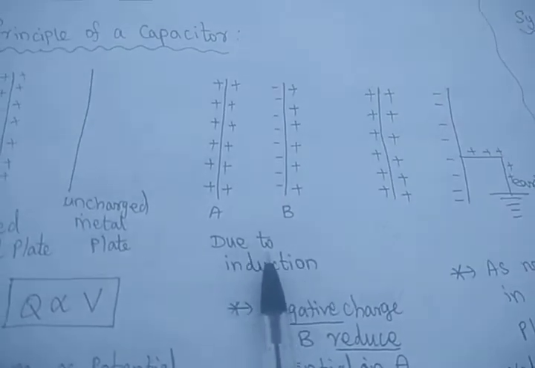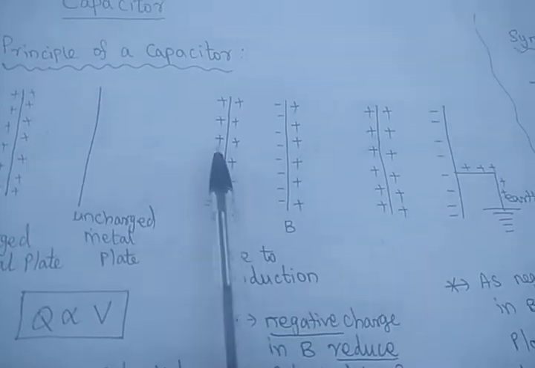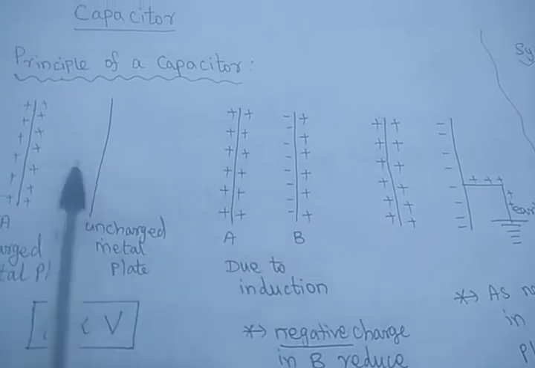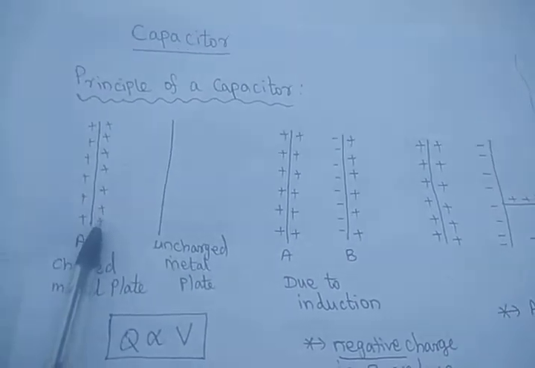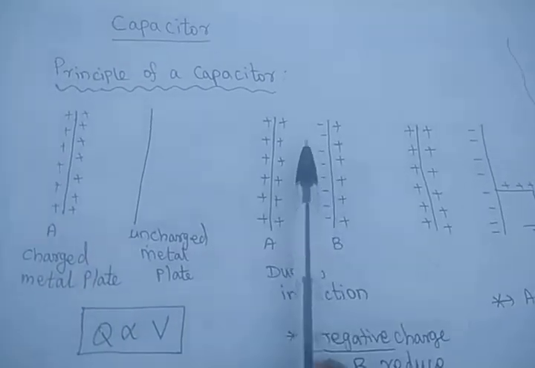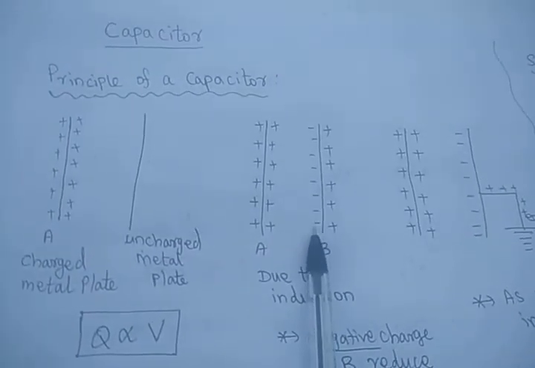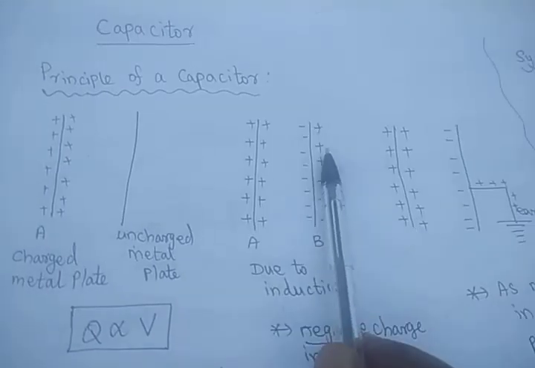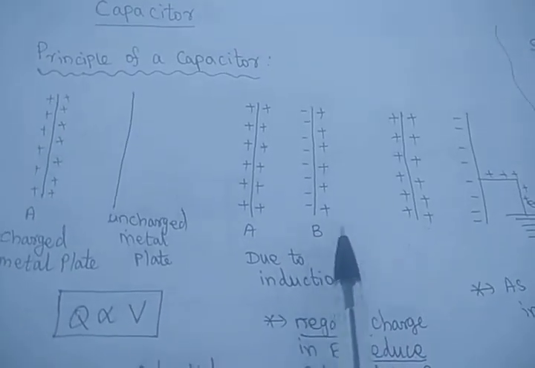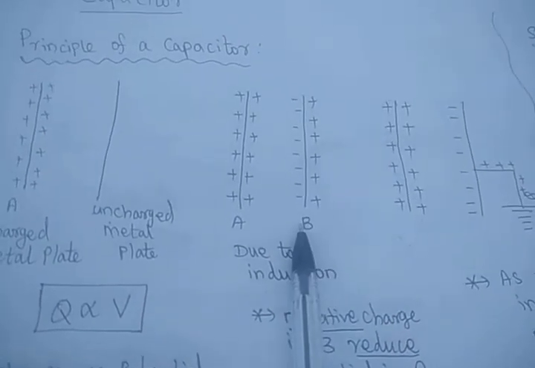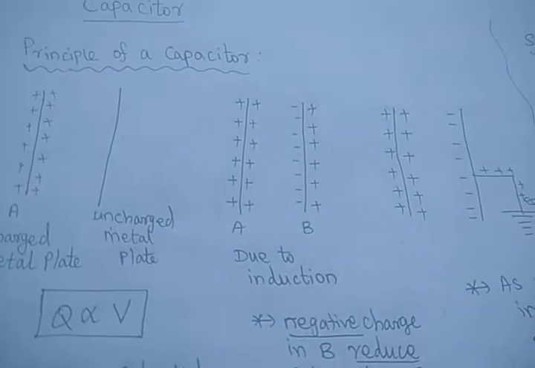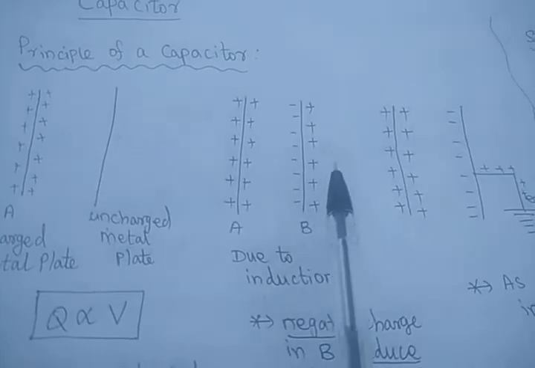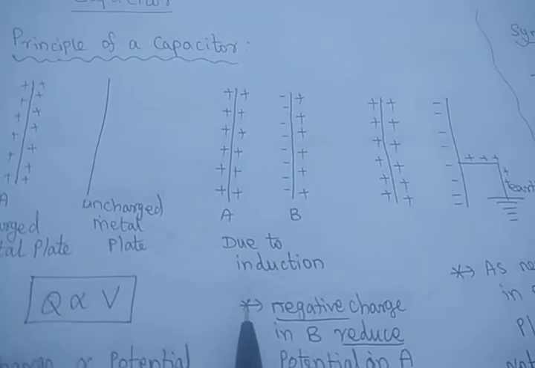Due to electrostatic induction, the opposite charge appears. On the inner side of plate B, nearer to the positive plate A, negative charges will be induced, and on the outside, positive charges will be induced. The uncharged metal plate becomes a charged plate because of this electrostatic induction.